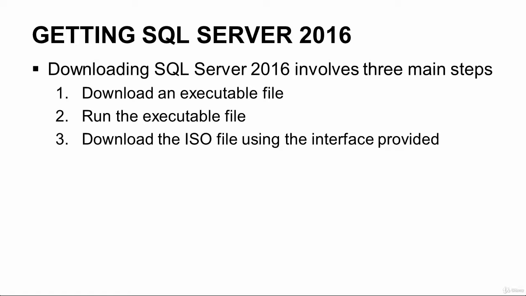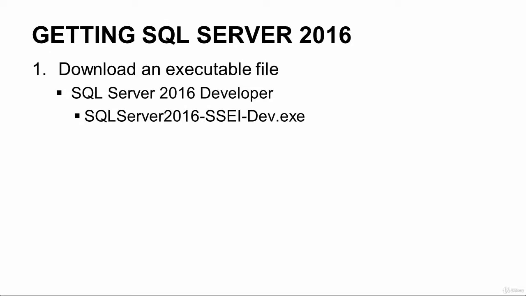For me, I've got a couple of laptops and a desktop, and whichever one I'm working on the most at the time, I can simply grab this ISO, right click it, mount it, and install SQL Server 2016 painlessly. You can also use the ISO as an image source for virtual machines and install it in virtual environments very quickly as well. So step one, we're going to download this executable file.